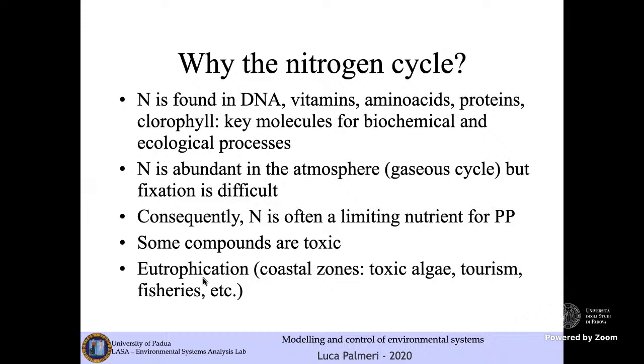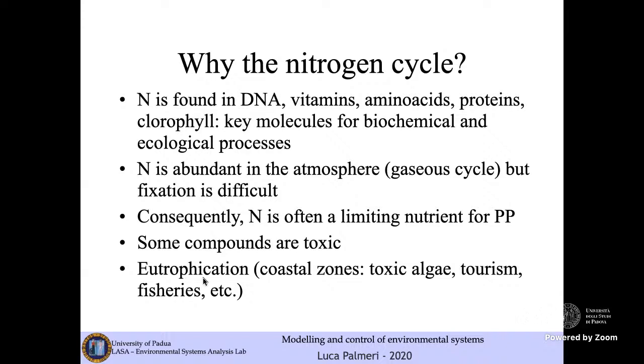So it is a very important reservoir providing resiliency for the system. Nitrogen is very abundant in the atmosphere. As a consequence, nitrogen is often a limiting nutrient for primary production.